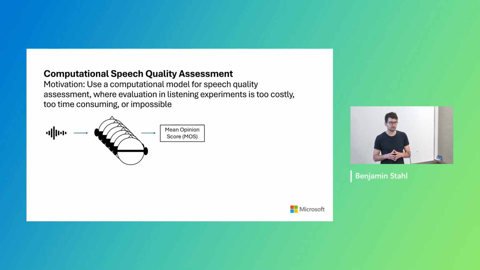And then there are multiple raters, and each of them gives an opinion score, typically on a scale from 1 to 5. Then the scores of all raters are averaged, and this average score is called mean opinion score.